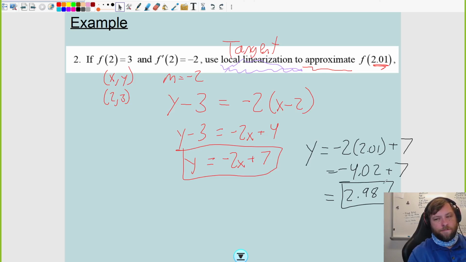Looks right. So sometimes they just give you this, and this problem looks simpler. They use this word approximate, and you're like, what does that mean? It means tangent line, and then plug in this x value. That's all I got.